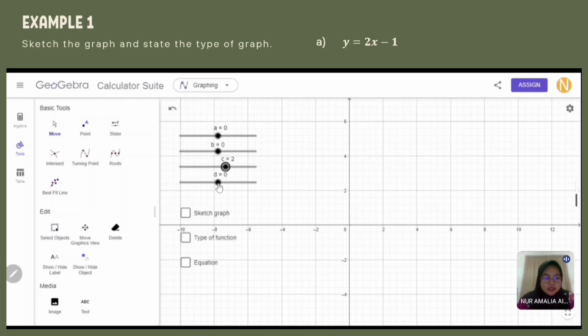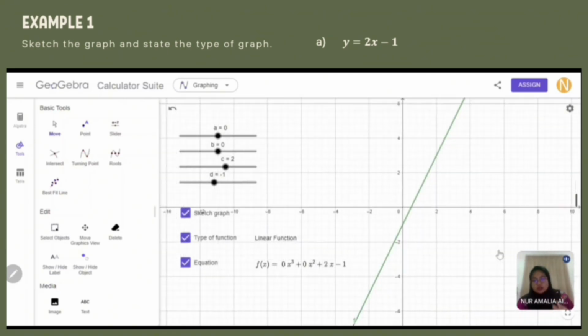So for minus 1, the D, we will move to minus 1 here. As you can see here, it shows the question 2x minus 1. The type of function is a linear function. So this is the graph.